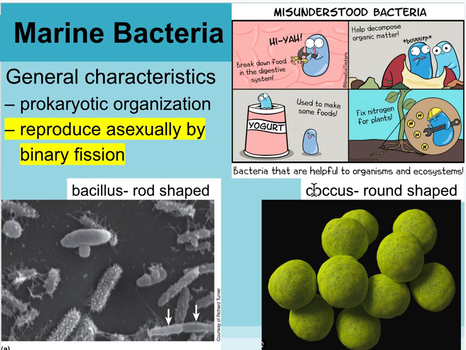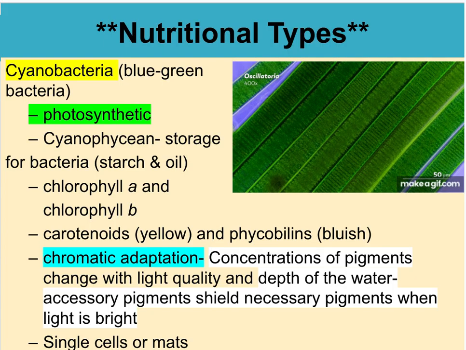So they can reproduce asexually by binary fission. Here is a bacillus, a bacteria that is rod-shaped, and when it is rod-shaped, it's called bacillus, or coccus, which is round-shaped.